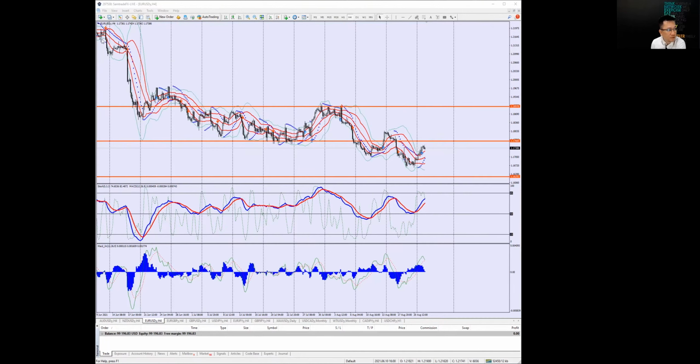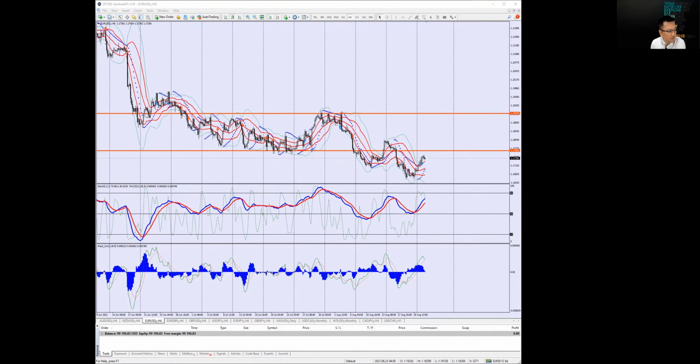So you can see here the euro dollar on the H4 time frame since June, it has been on that big downward move. We saw that big drop in June and then sitting across pretty much at the end of June all the way to July before continuing that downward move in August.